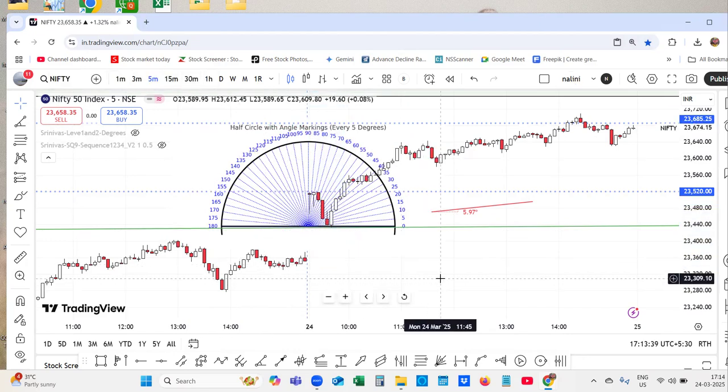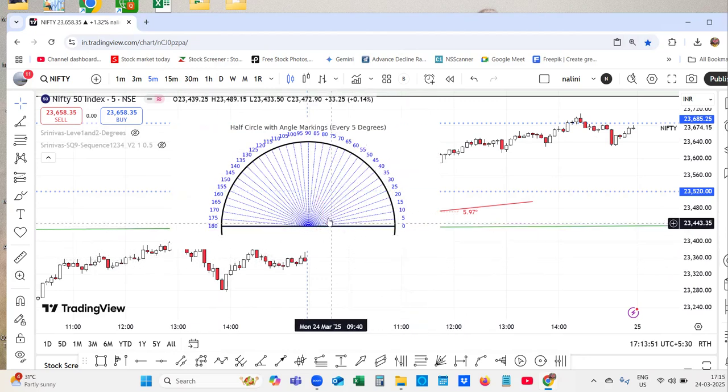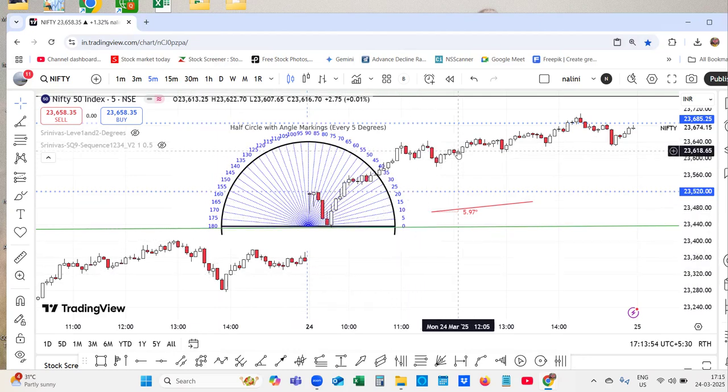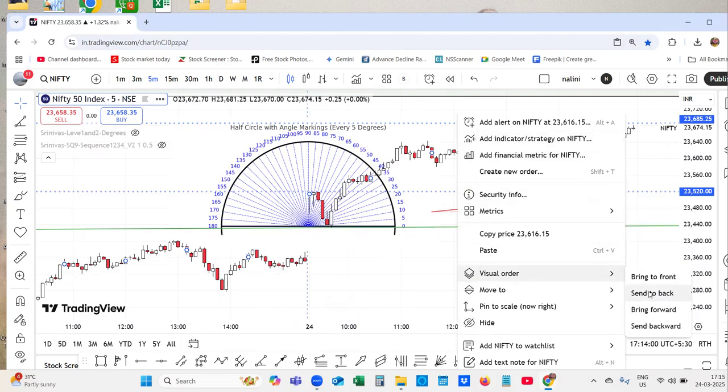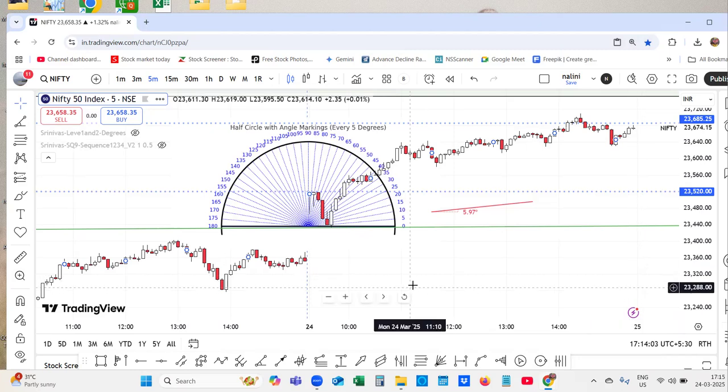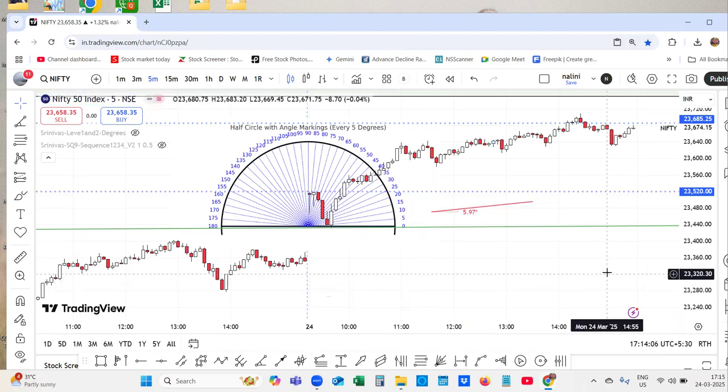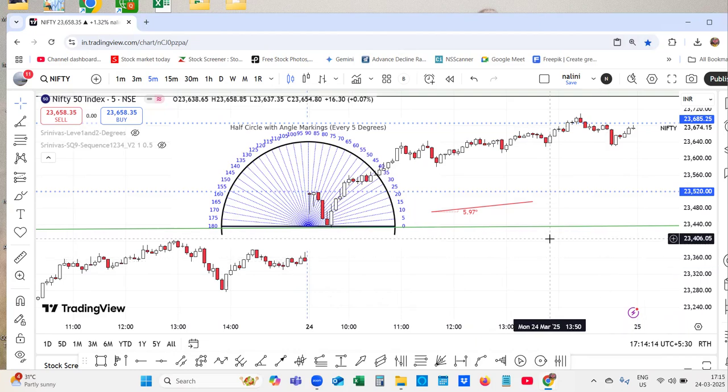Okay. Now you can see here, when the price starts moving, you cannot make it out actually. You can see that second when the reversal came over here. Let the chart go to visual order, send to bring to front. Okay. Then it will be okay, I believe. Now, if you carefully see the angles, you can see about 35 degrees, the market is turning around.